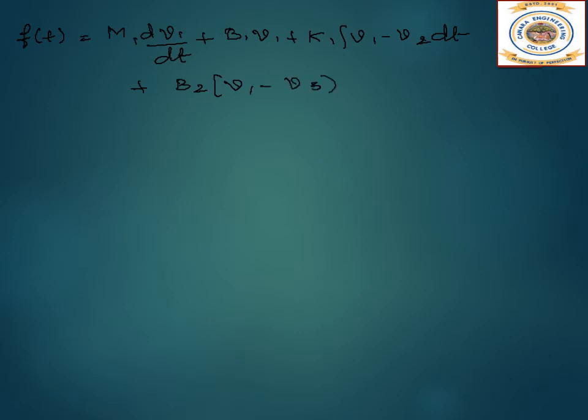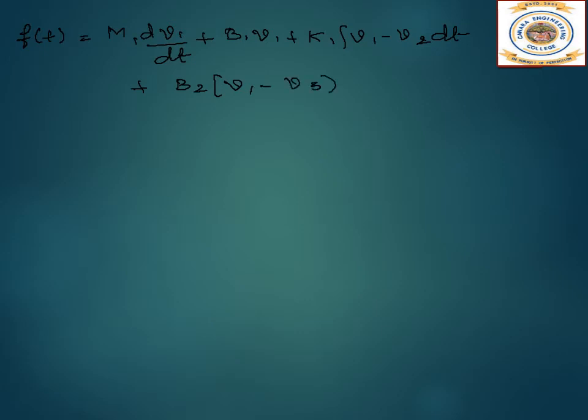So when you substitute, f of t will be m1 dv1 by dt plus b1 v1 plus k1 integral v1 minus v2 dt plus b3 into v1 minus v3.